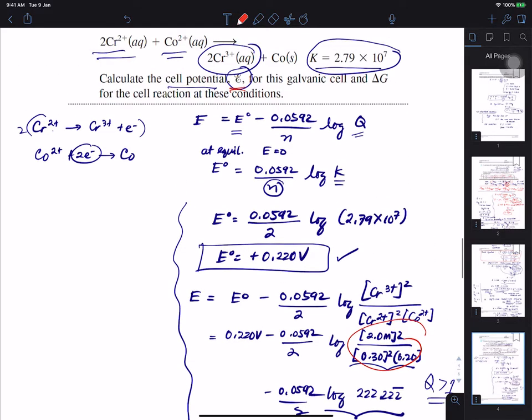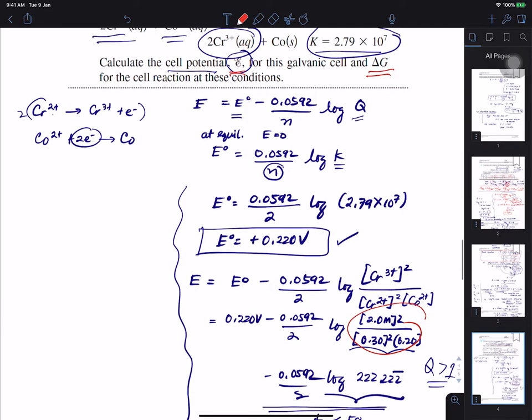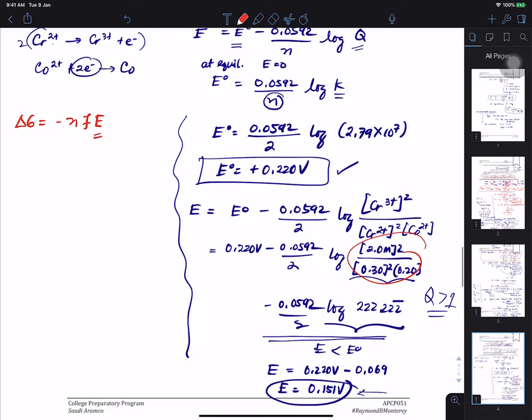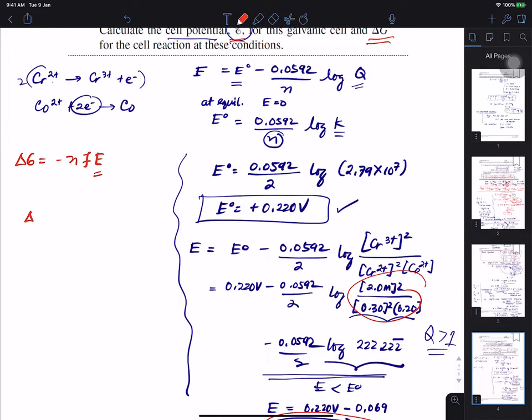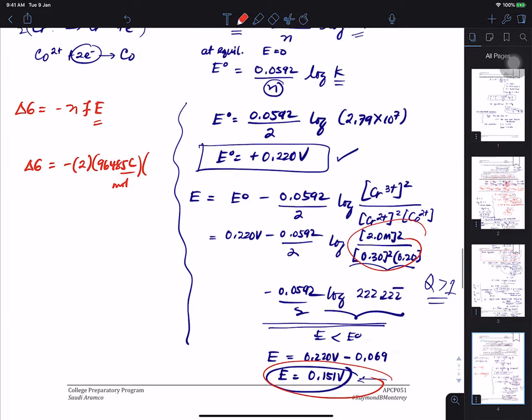Now, we still have one more to work with, the value of the delta G. Remember, delta G is equal to negative NFE. So that's the quickest route. Since we already have a value of E from our previous calculation, we can now compute delta G directly. So that would be negative, again, that's 2 moles of electrons times 96,485 coulombs per mole, with 0.151 volts.